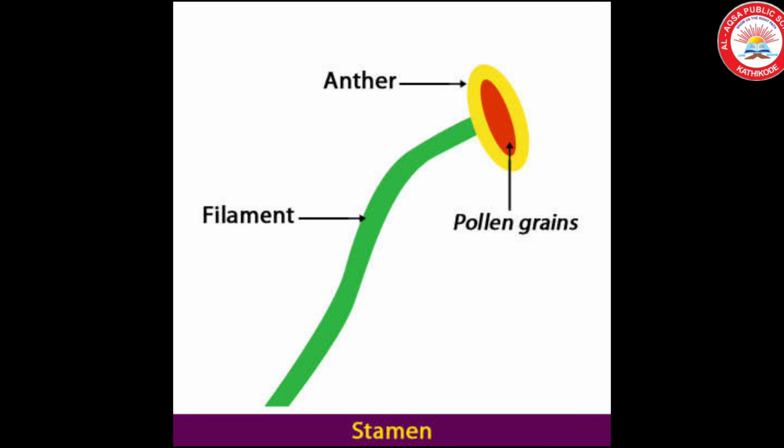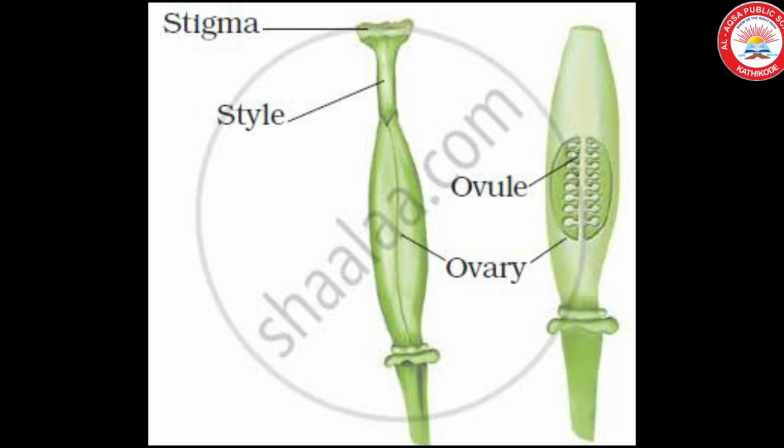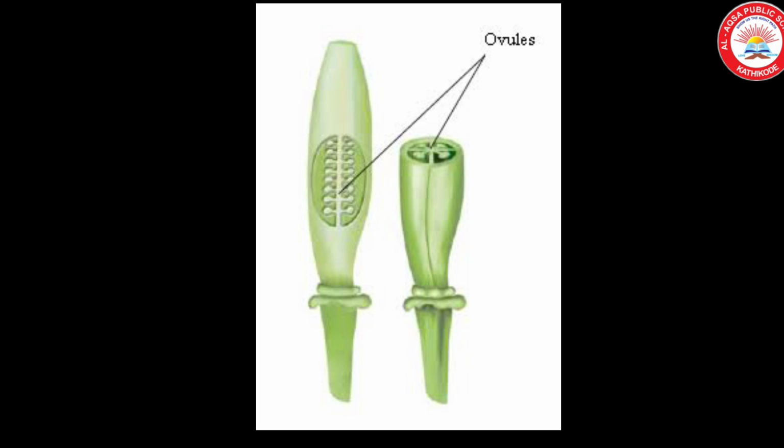Once more, the parts of stamen are anther and filament. Parts of pistil are stigma, style and ovary, and inside the ovary we can see ovules. Now let us study the structure of the ovary of a flower.